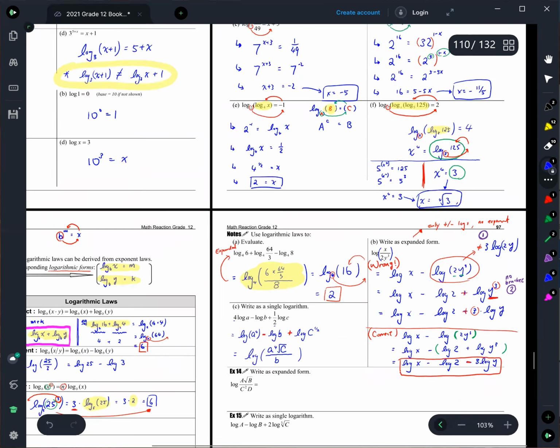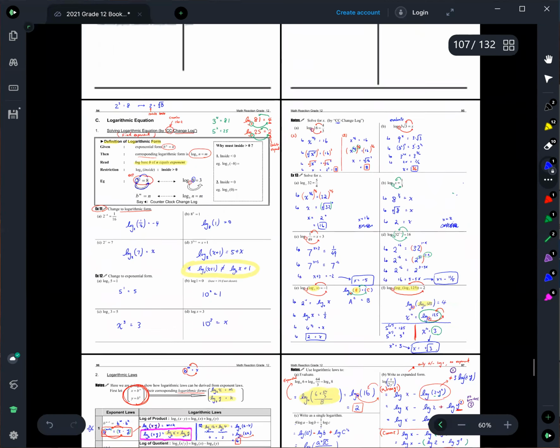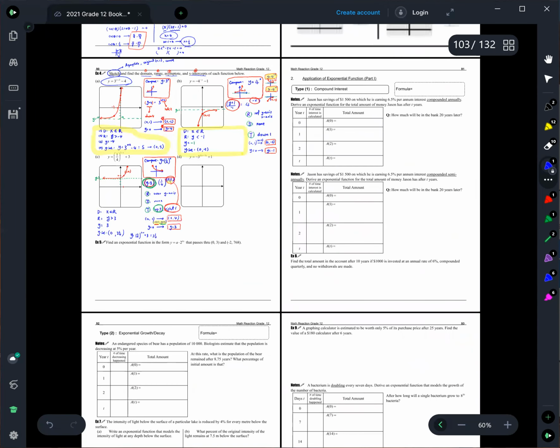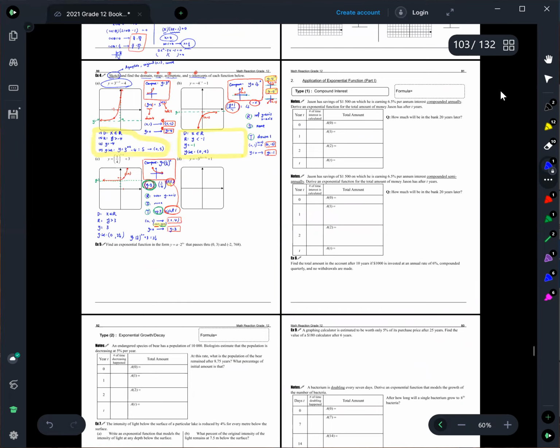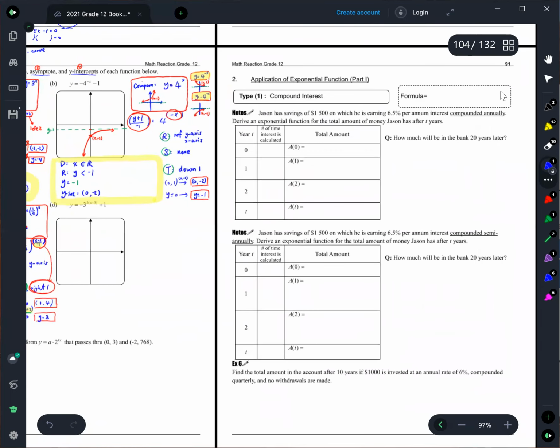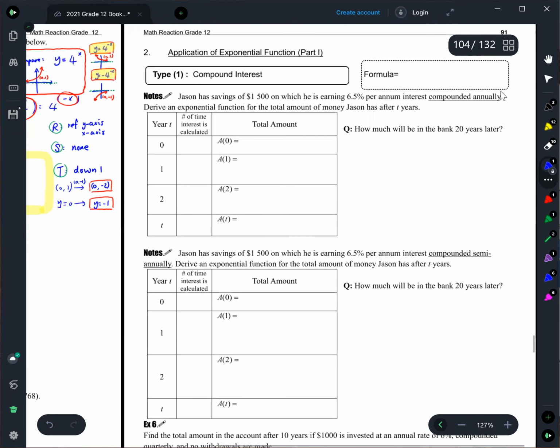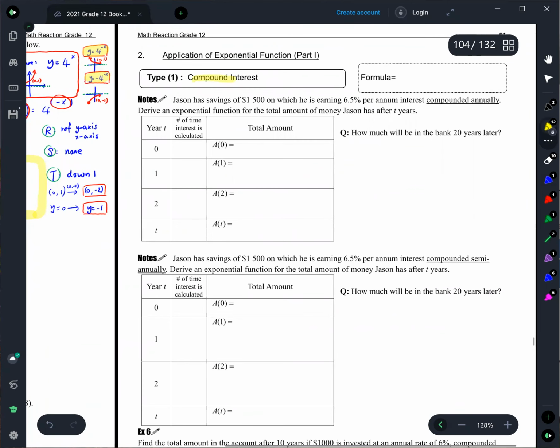Okay, the word problem that we skipped last time was on page 91. There are two kinds of word problem. The first kind is called compound interest. It has to do with calculating money, how much money you earn over a certain period of time. And we have a formula for that.